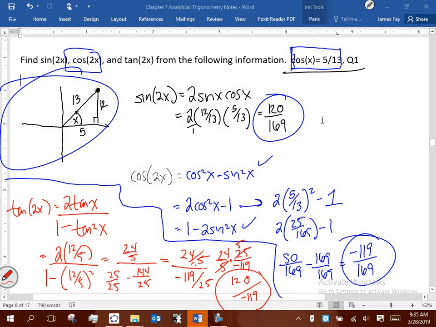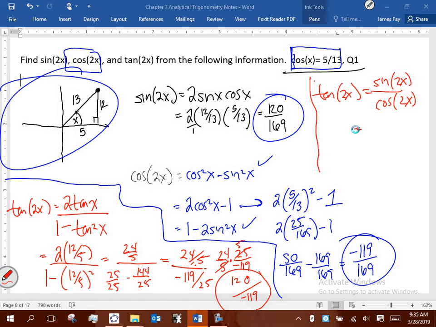Now, look at the 2 that I've circled in blue. Do you see the 120 and the negative 119 in those? So what we're looking at is that we could do it this way, and this is easier. Tangent 2x, because I already have the sine of 2x and I already have the cosine of 2x, is simply 120 over 169 divided by negative 119 over 169.